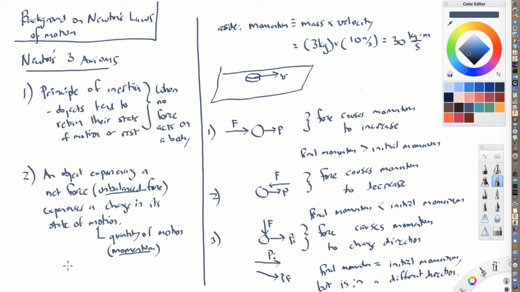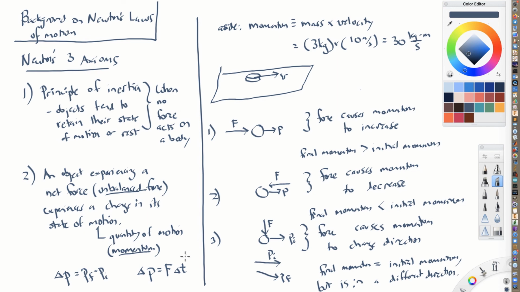By the way, there's a formula that relates the change in momentum. Delta P is the final momentum minus the initial momentum, right? And we can relate that change in momentum to the force and the time interval during which that force is being applied.